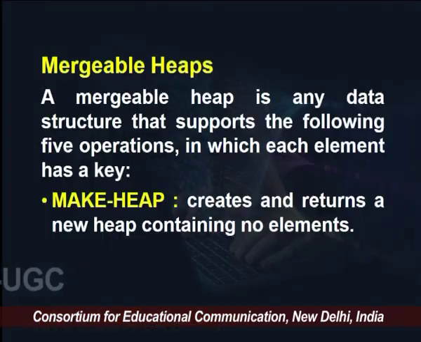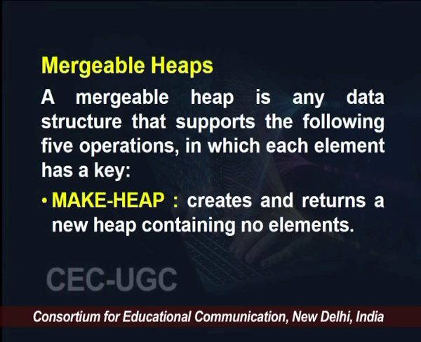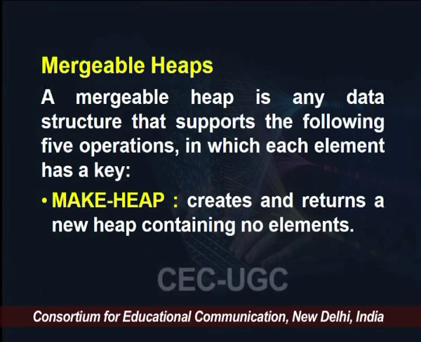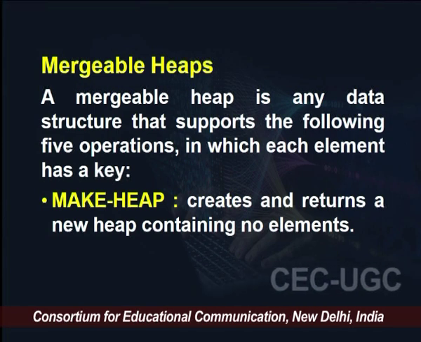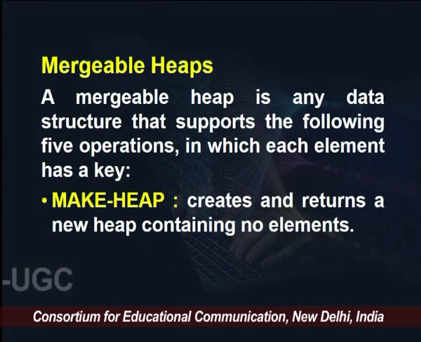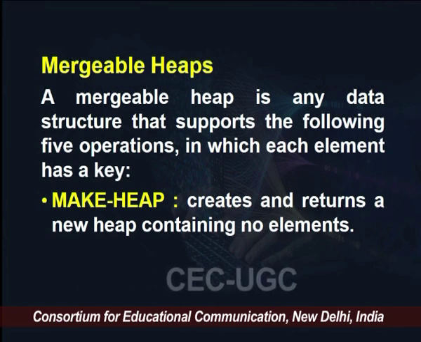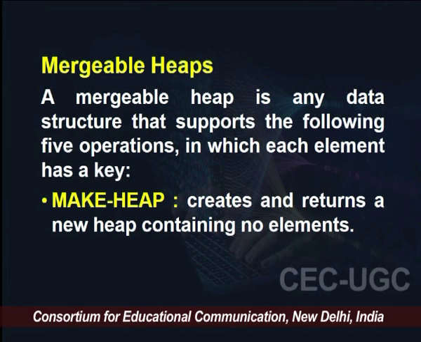Now, let us try to understand these operations one at a time. The first operation which I told you was the make heap operation. Make heap, as the name indicates, will create and return a new heap which presently does not contain any element, because we have not inserted anything within this heap.